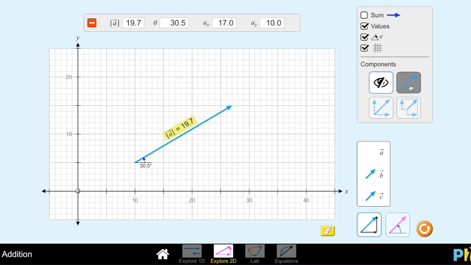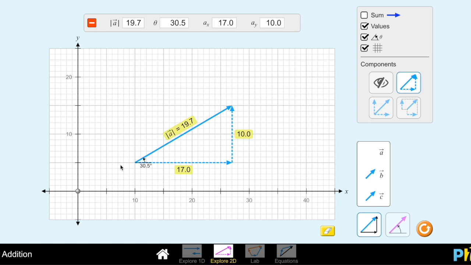What may also help, just making that a little bit clearer, is to show the components. So if we show the components using this button here, you can actually see how that one vector can also be represented as a sum of two vectors, one vector to the right and one vector up. I add those in the tip to tail method and I end up with my original vector that's up and to the right. So that's what we're doing when we break up vectors into components.